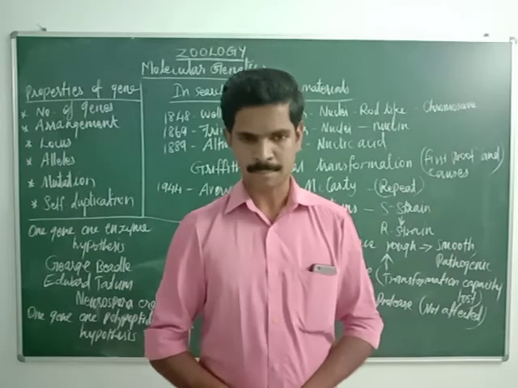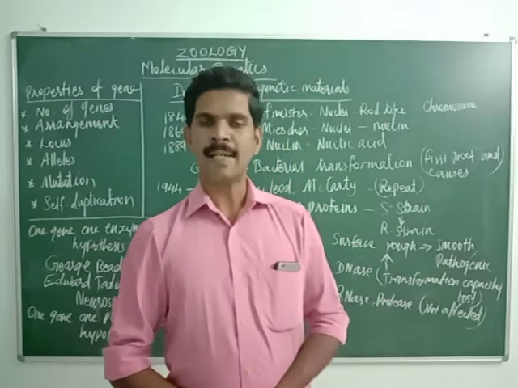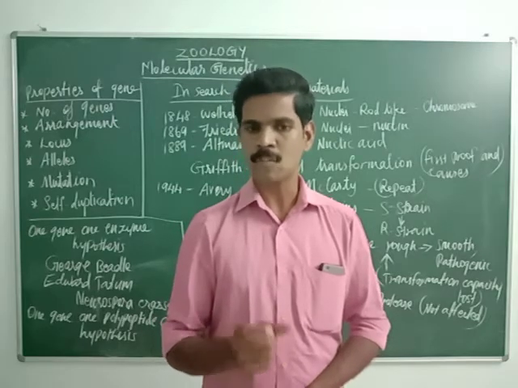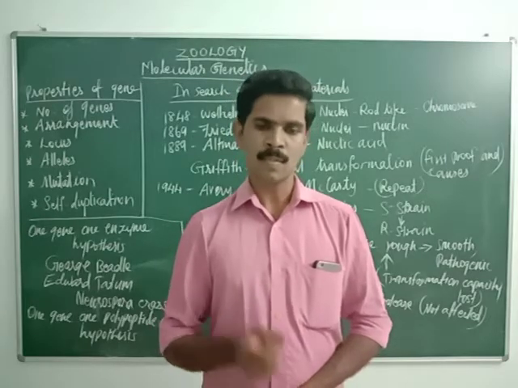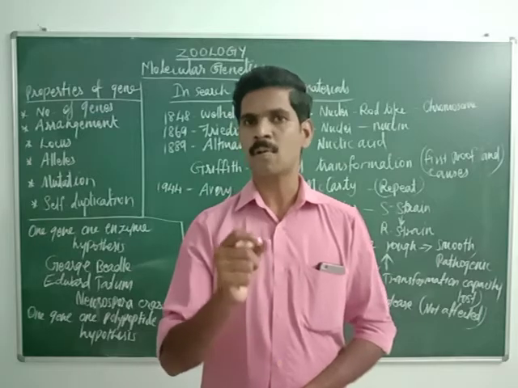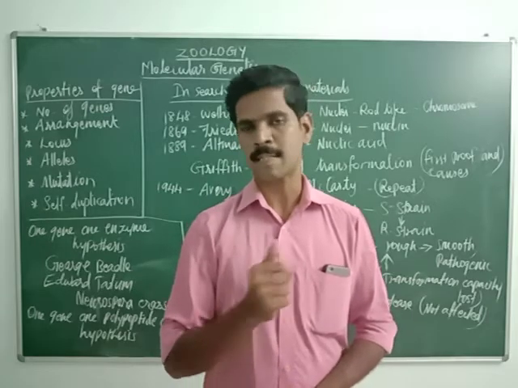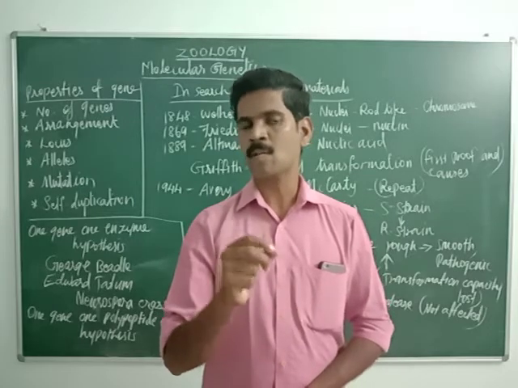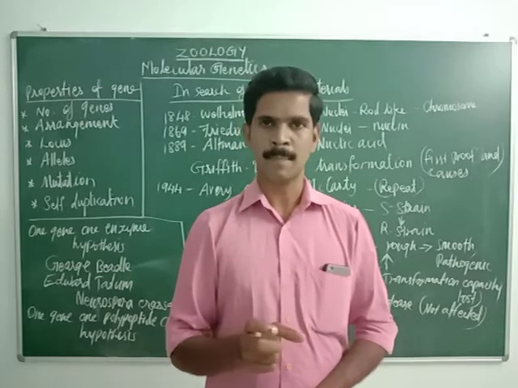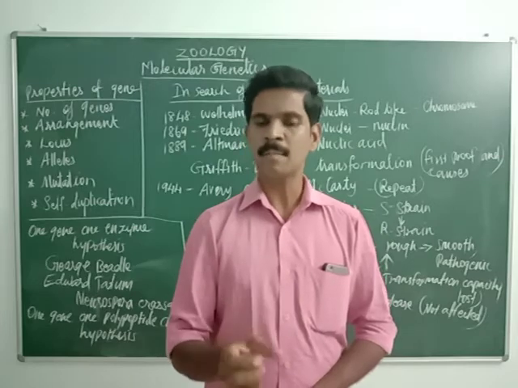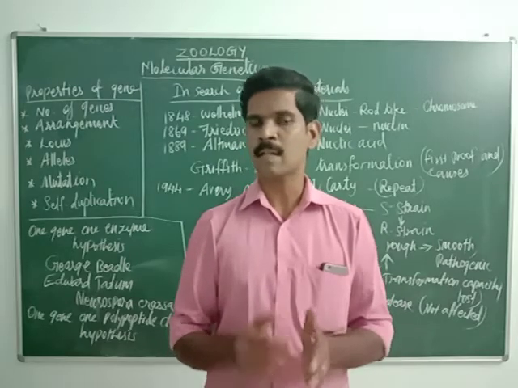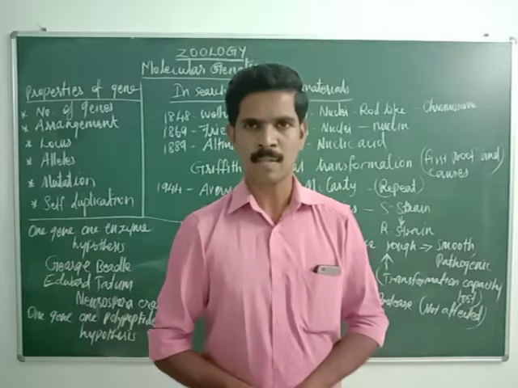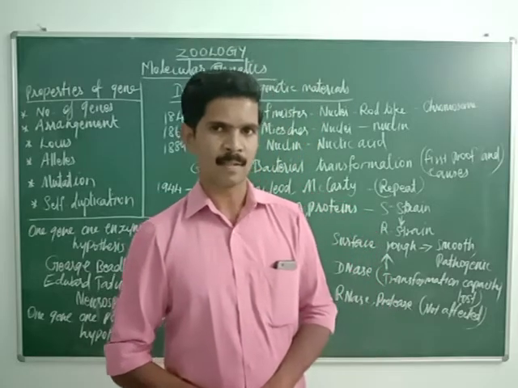Then in the year 1909, another scientist, Wilhelm Johannsen, first gave the name gene. Gregor Mendel called it a factor, and Wilhelm Johannsen first replaced this word with the word gene.